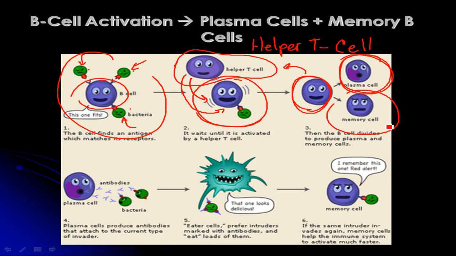Okay. Now your plasma cells over here, they're going to start secreting antibodies, releasing those into the bloodstream, into the lymph. They'll get into your tissue fluids, especially if they're IgG. Then those antibodies will float around and find other examples of that same type of microbe with those same antigens on their surface.